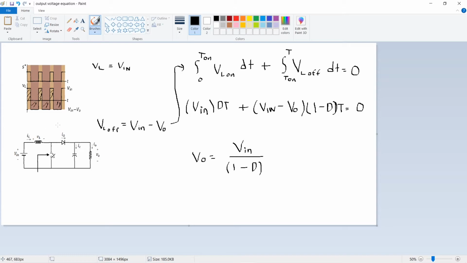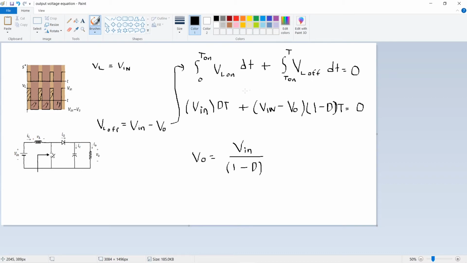As a result, the voltage balance in the inductor requires the integral of the voltage in the inductor to be 0 over steady state. So it means that the area under the steady state is equal to 0, and this brings us to its integration, and you can get the equation right here.